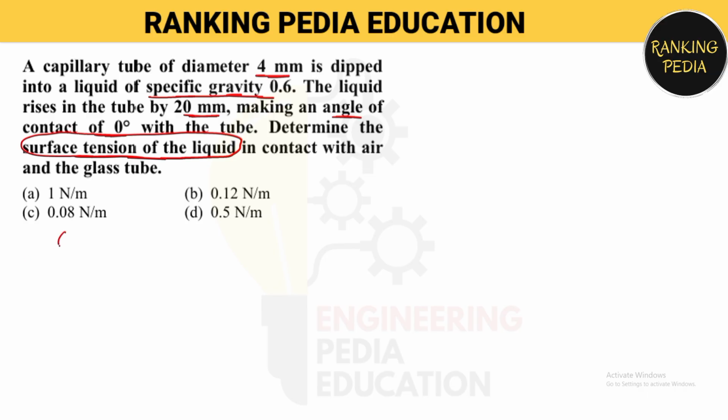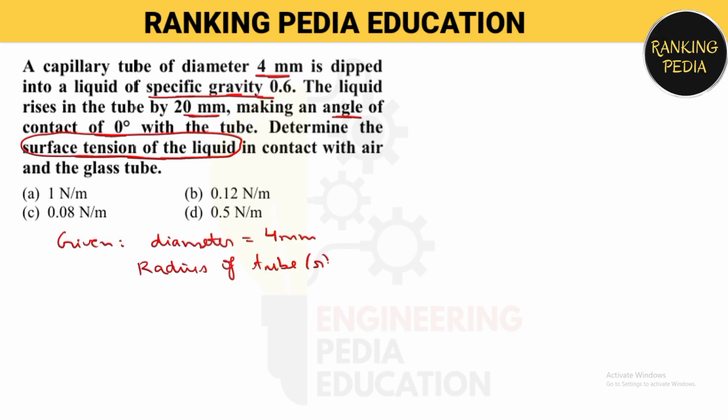First thing, what we will do? We will note down the given data. The given data is diameter, which is 4 mm. So we will calculate the radius of the tube.